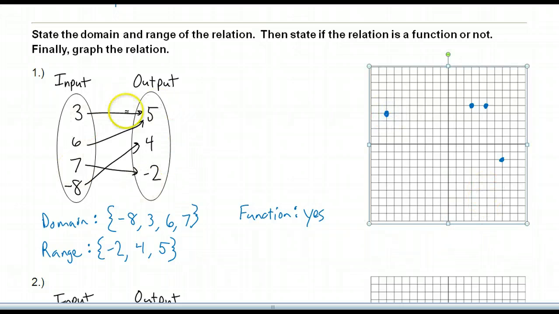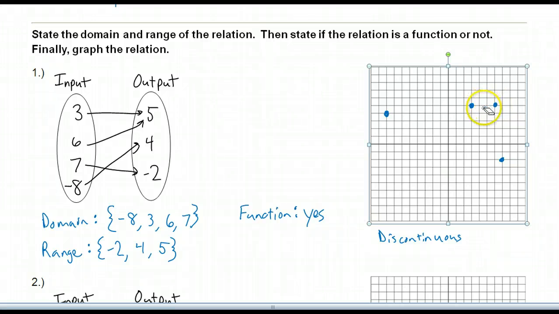What I want to try to avoid doing on a problem like this is connecting all these dots. Right now, this is a discontinuous graph. I don't know about any of the values between 3 and 6, so I can't just assume that I can connect these dots. 6, 5 should actually be right here.